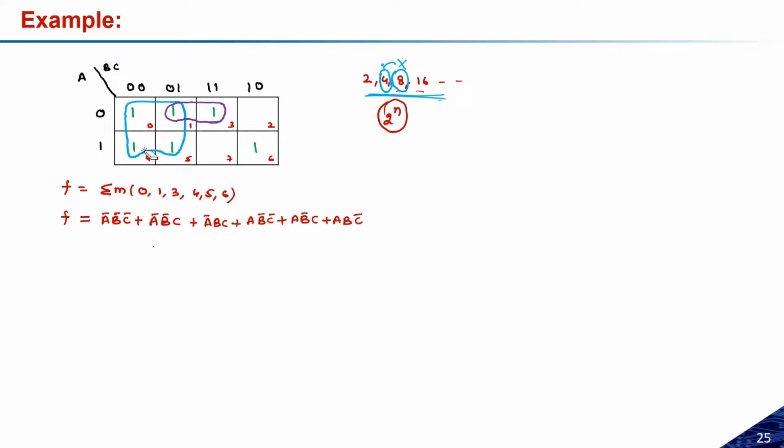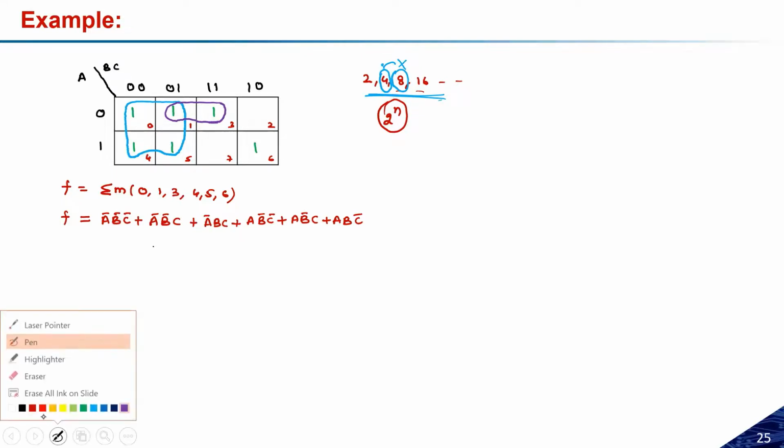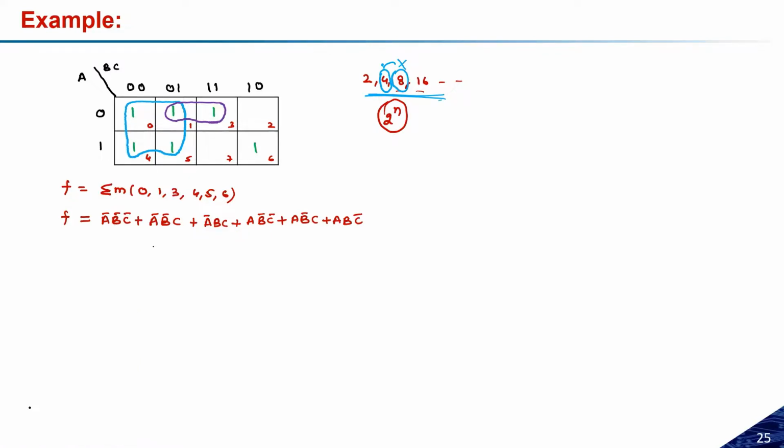The 4th cell and the 6th cell are adjacent to each other, and definitely we can make a pair of it. So this one can be paired. This is how we can make the pair.